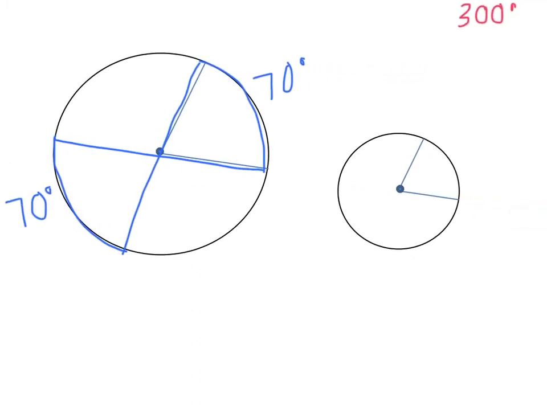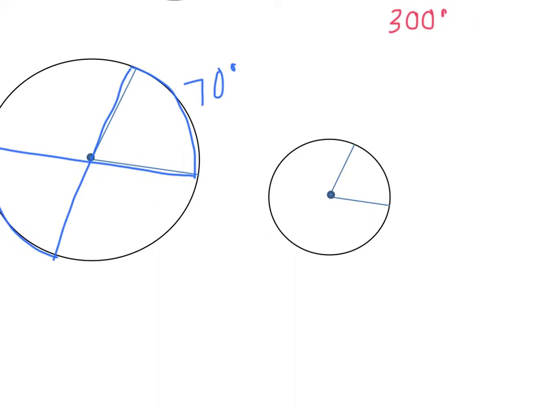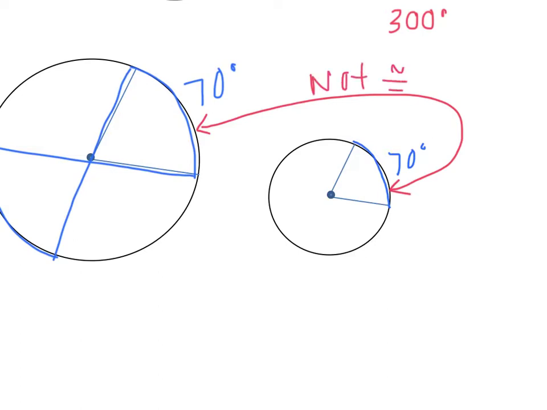However, in this other circle, we'll say this arc is 70 degrees. These two arcs are not congruent because they are not in the same circle, and these two circles are obviously not congruent. This circle is much larger than this circle.